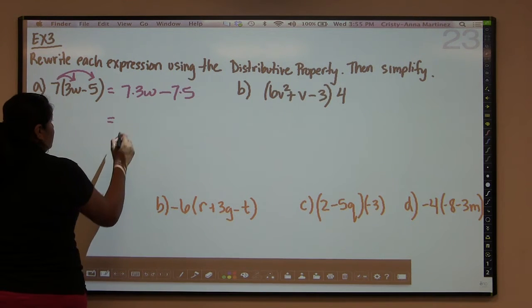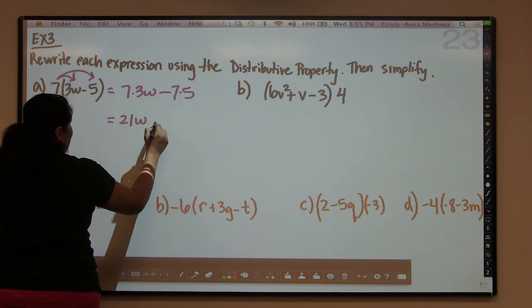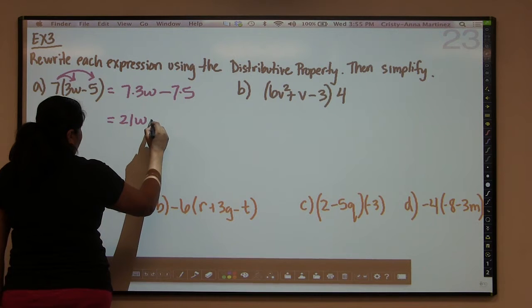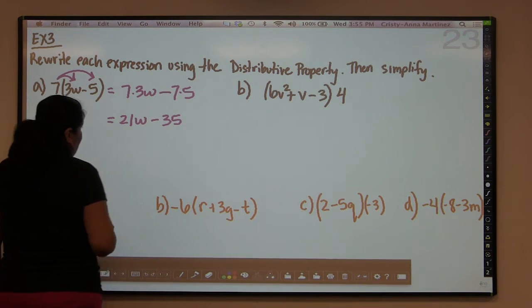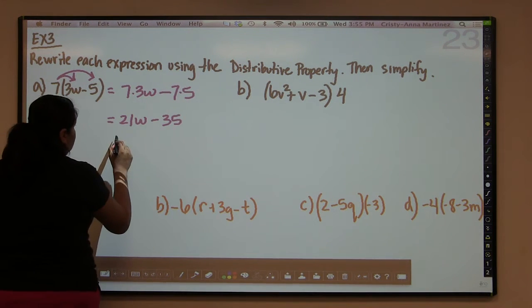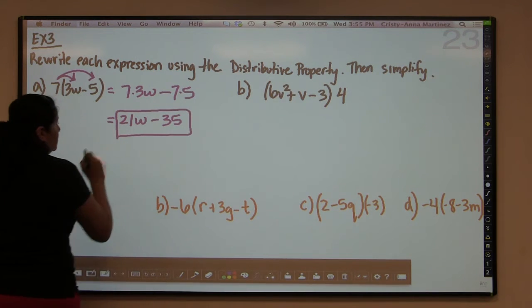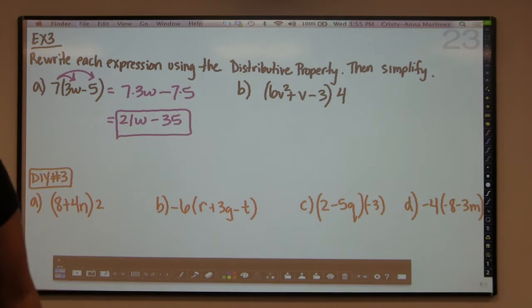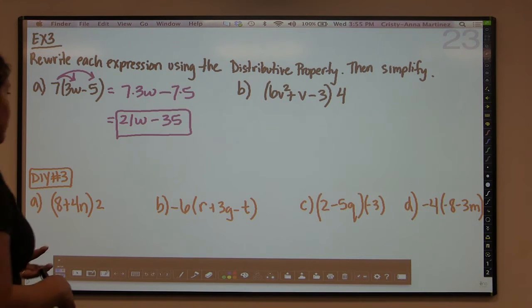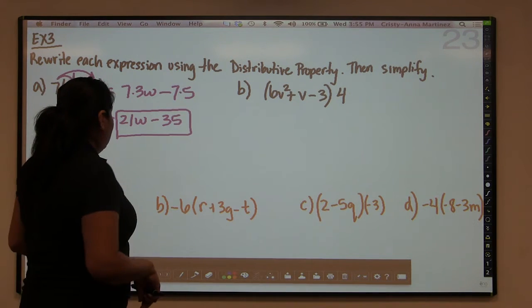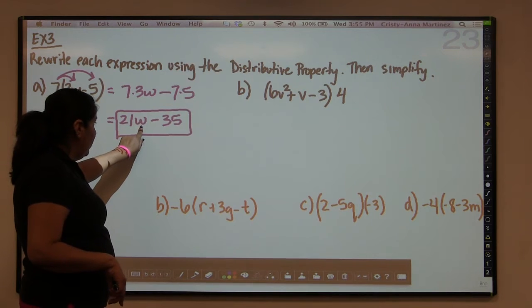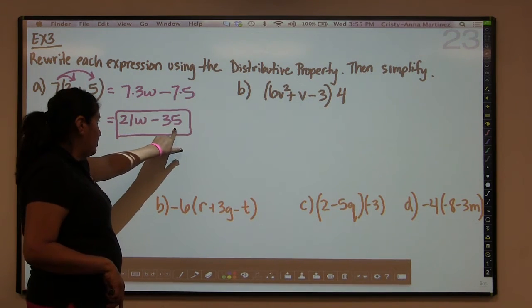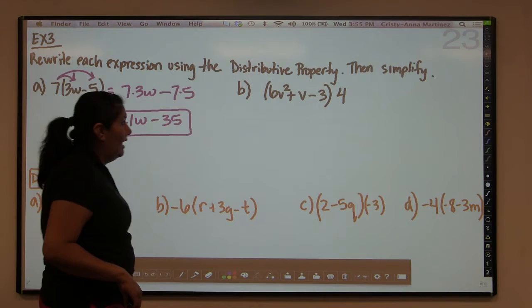And then 7 times 3 is 21w, and 7 times 5 is 35. And that would be my final answer, simplified: 21w minus 35. Sometimes, and we'll see that in the next example, when you simplify, you can actually end up adding like terms. But in this case, we don't have any like terms. This is a term with a variable in it, and this doesn't have a variable in it, so you can't add those together, so we just leave them like that.